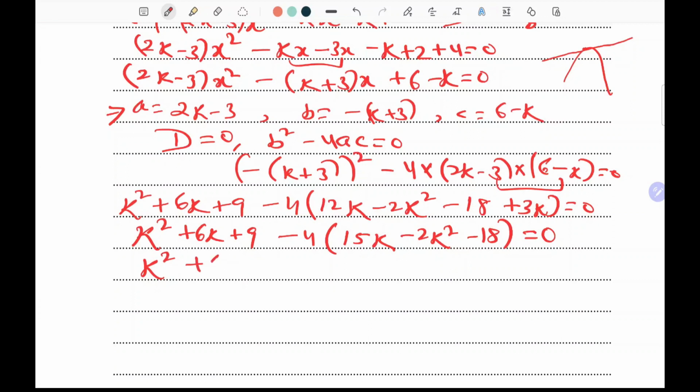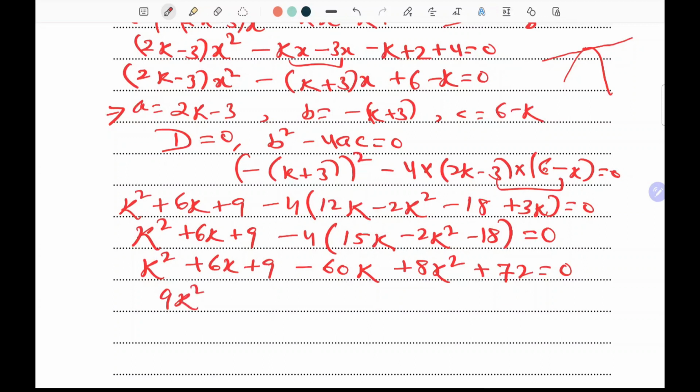Now this is k squared plus 6k plus 9, minus 4 times 15k, that is 60k, minus 4 times minus 2k squared, that is 8k squared, and minus 4 times minus 18, that is 72, equals 0. Now 8k squared and k squared we can add.